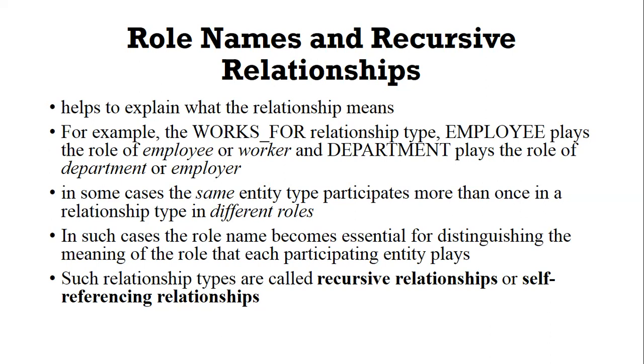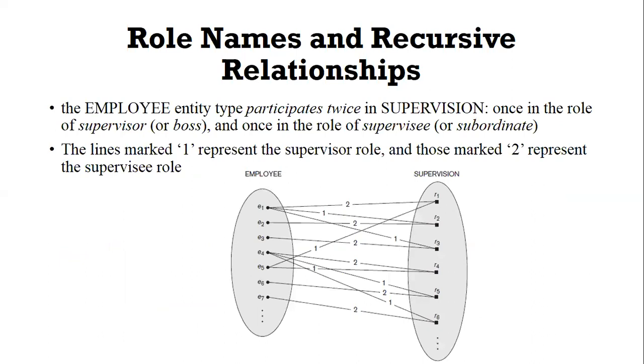In some cases, the same entity type participates more than once in the relationship type in different roles. In such cases, the role name becomes essential for distinguishing the meaning of the role that each participating entity plays. Such relationship types are called recursive relationships or self-referencing relationships.